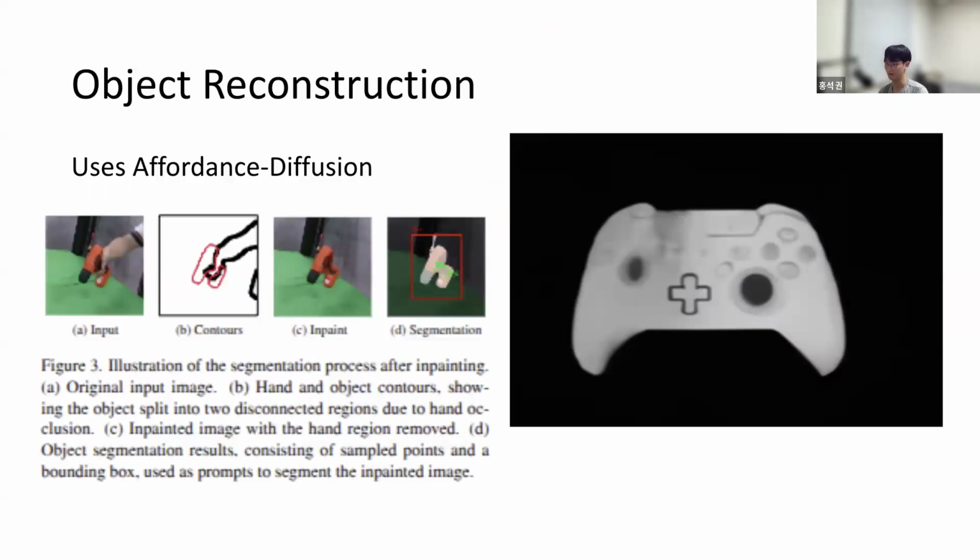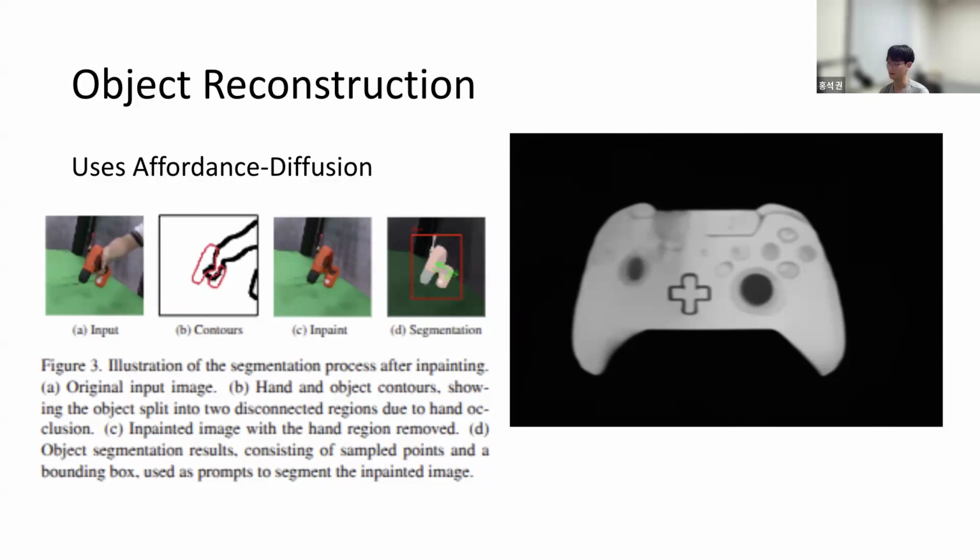Next is object reconstruction. Here, there is a part of the object obscured by the hand, so it had to be inpainted. So it uses affordance diffusion to generate the obscured image. We can get the inpainted segmentation mask here, and a text-guided diffusion model removes the hand from the image and inpaints the masked region.